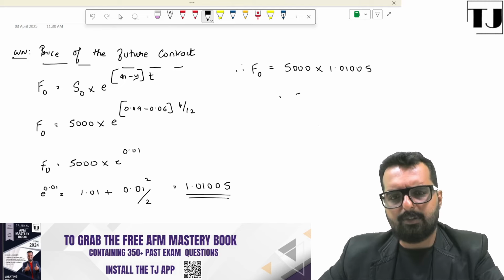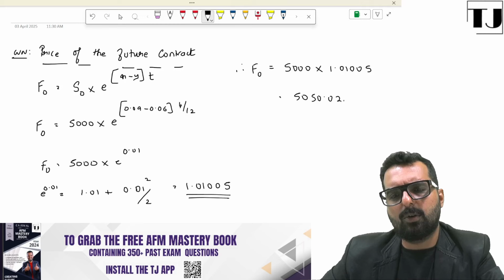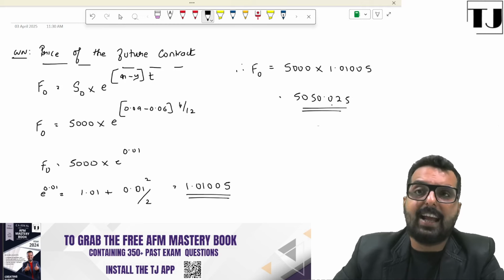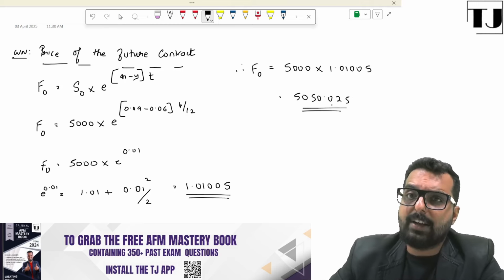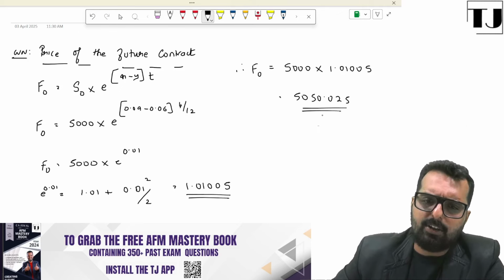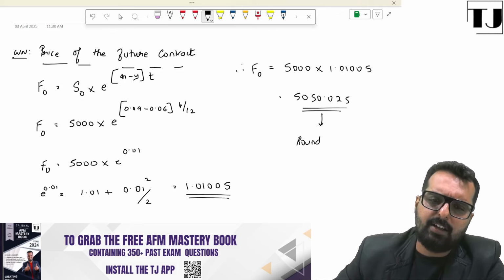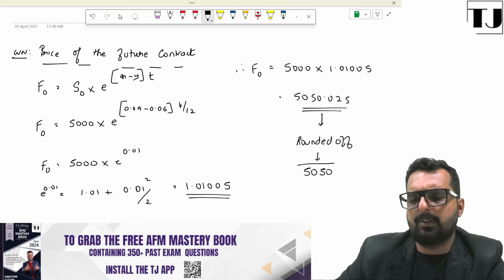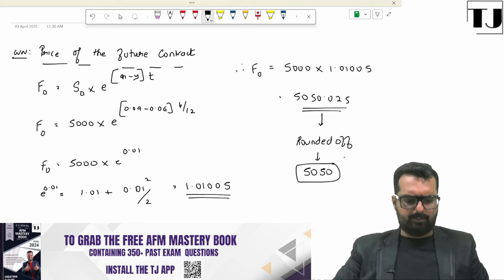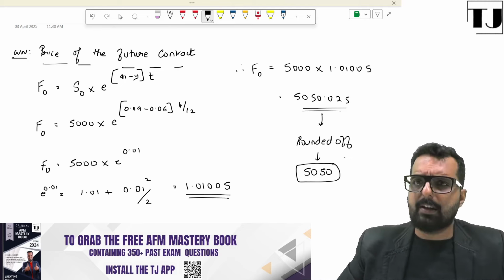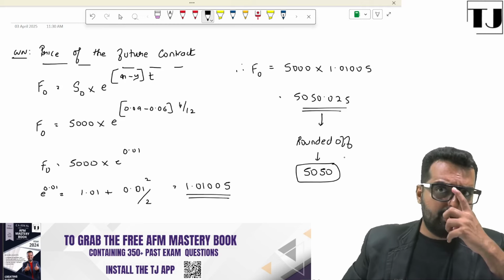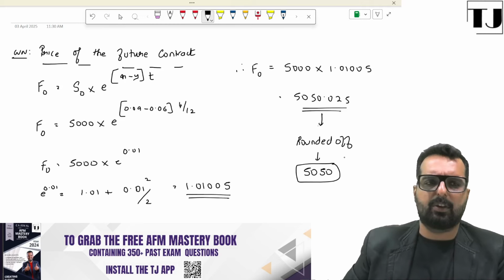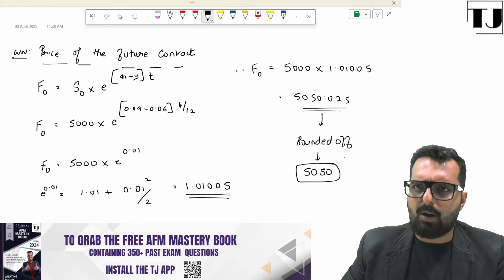Do I get the answer as 5050.025? Friends, ideally the answer should be 5050.025, but your study material, what they have done is they have rounded off this particular thing to what? They have rounded off the particular thing to 5050. Is everybody clear with this part now? Okay, it is rounded off to 5050. Everybody is clear with this part now.